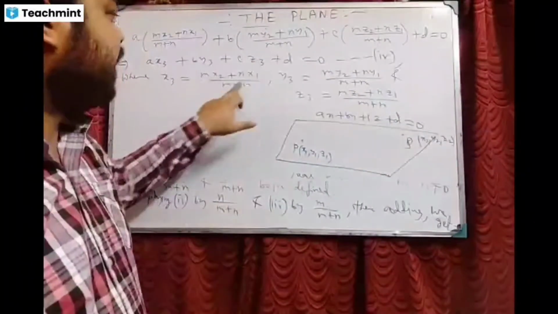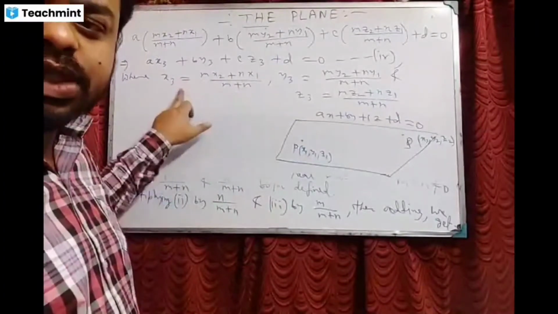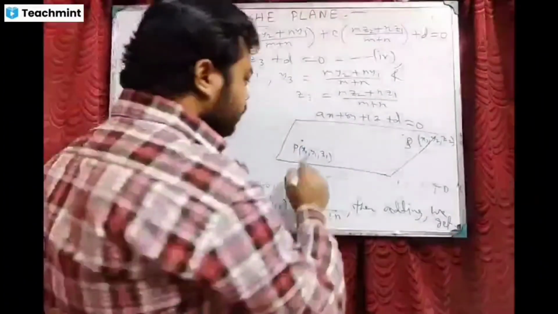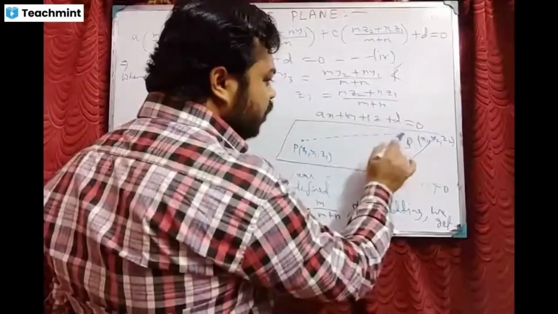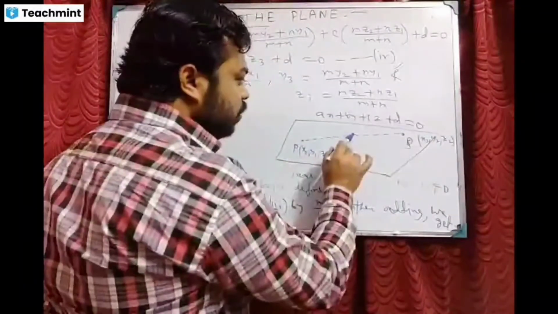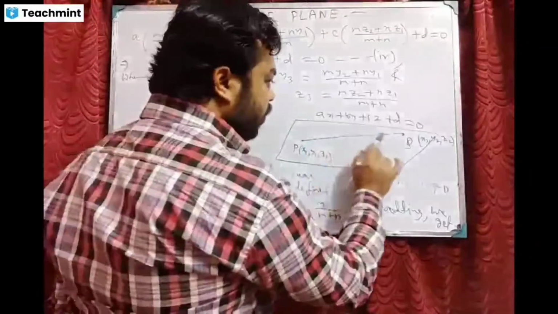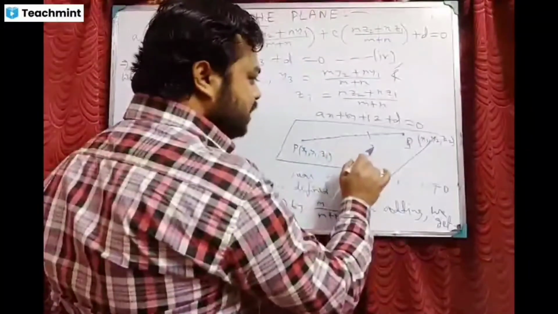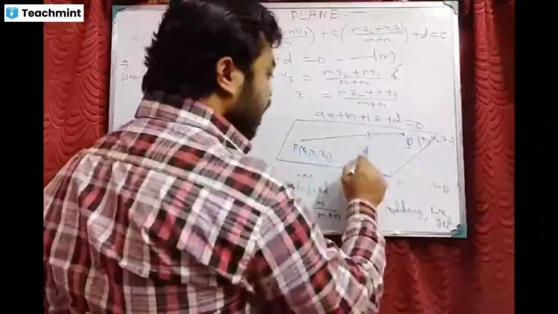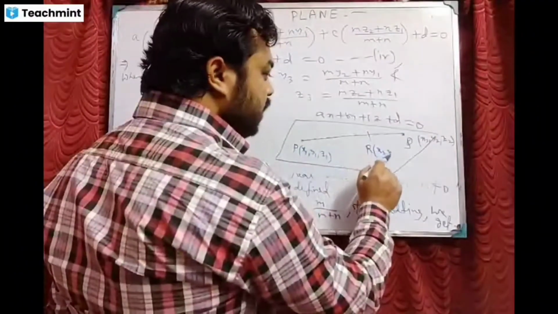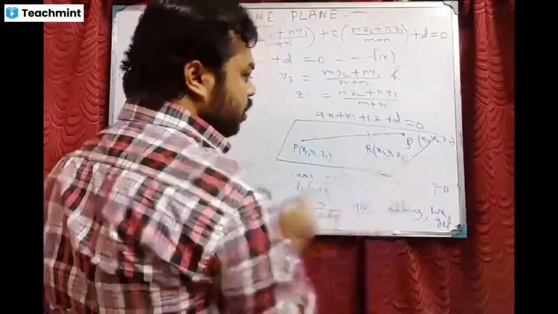So (m x2 + n x1)/(m+n) is the x coordinate. This is the line joining P and Q, and this is your R point whose coordinate is x3, y3, z3.